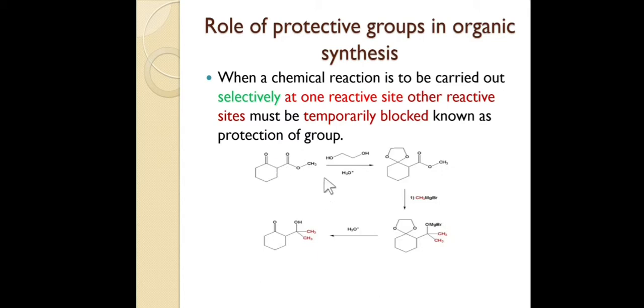So in this case, we need to do the reaction on the ester group, and as you know there is a keto group which is similarly reactive. So before we carry out the reaction on the ester group, we can protect the keto group with ethylene glycol and we get this kind of protection.